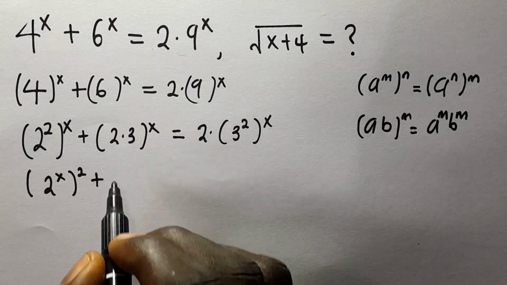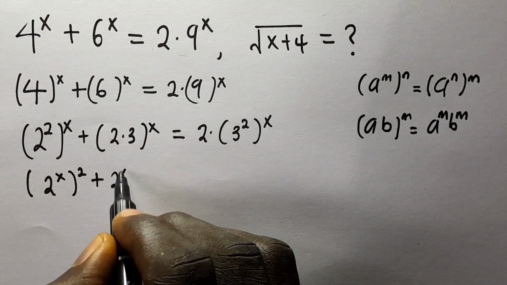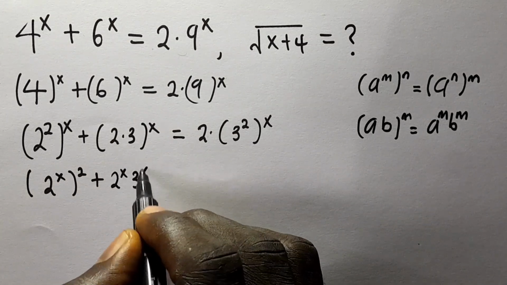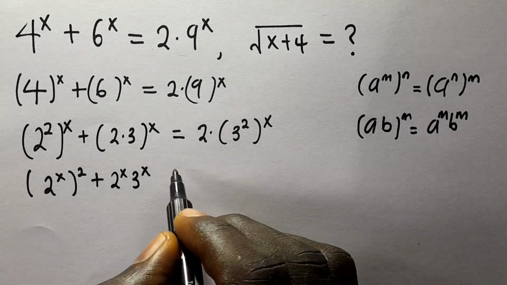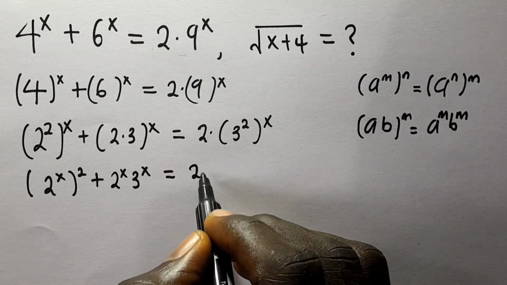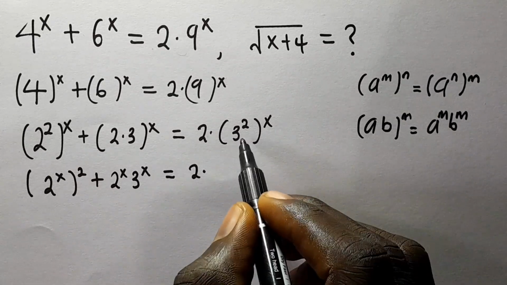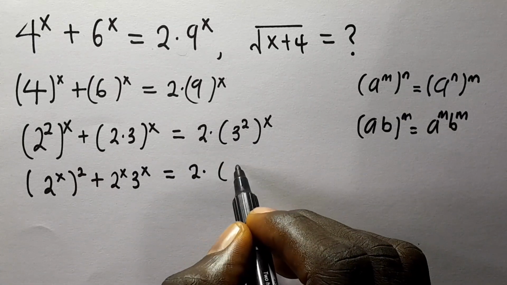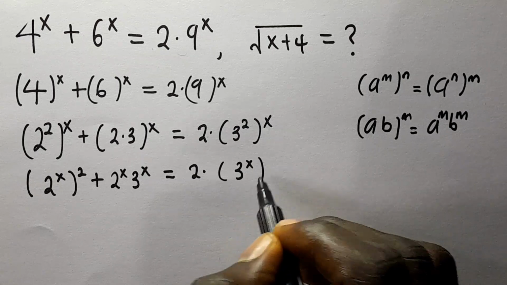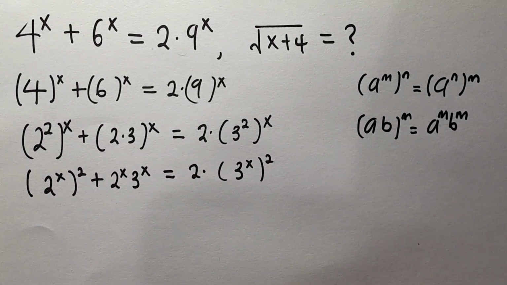So therefore, from here, we have 2 raised to power x times 3 raised to power x equals 2 times 3 raised to power x, raised to power 2.